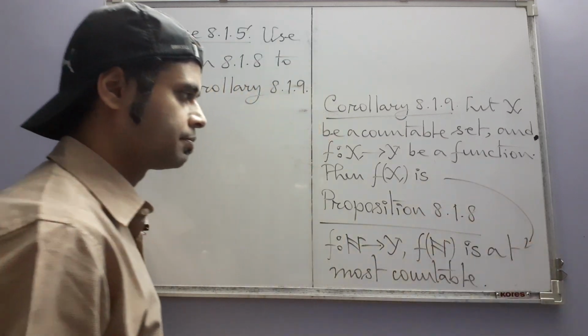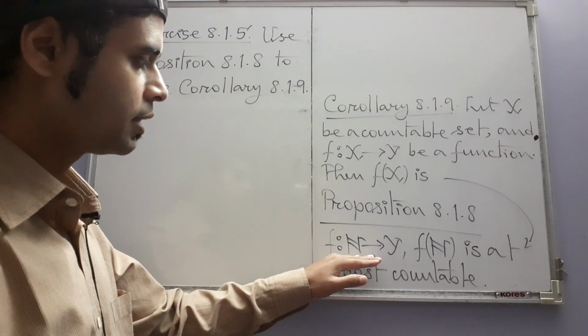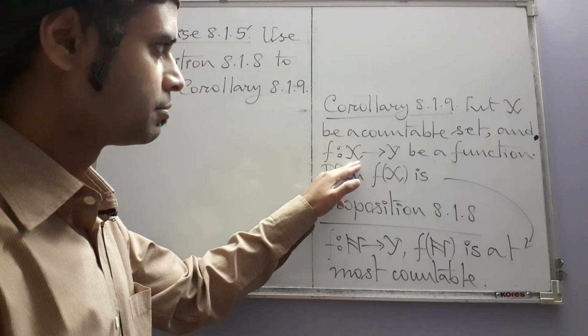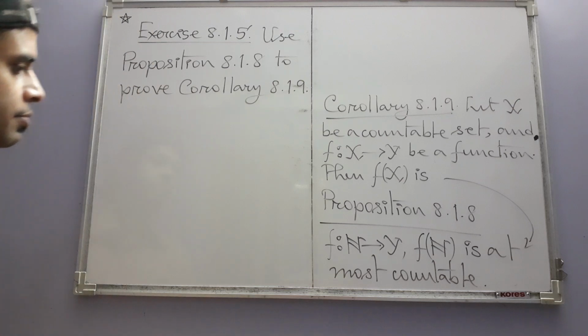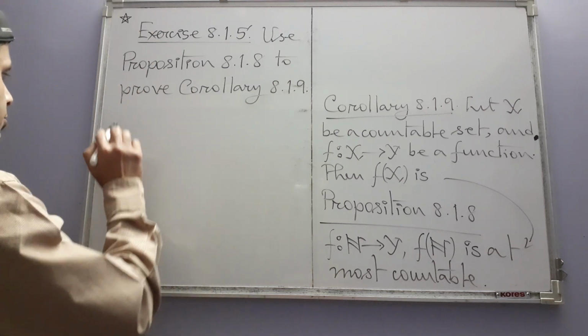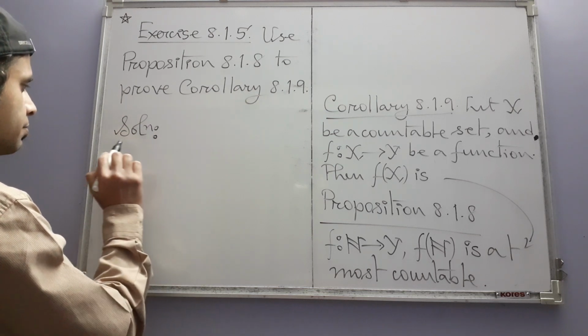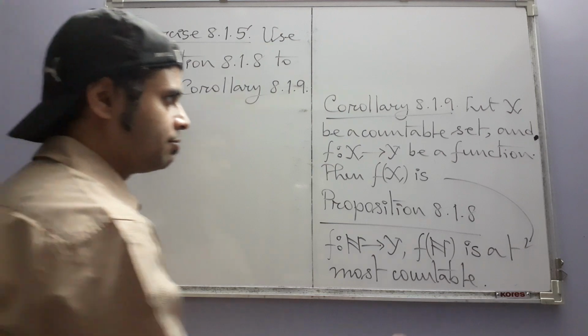So that means it's almost like this one, but instead of having the set of natural numbers, here we have a general countable set X. Okay, so let us now see the solution. What is it that we are given?